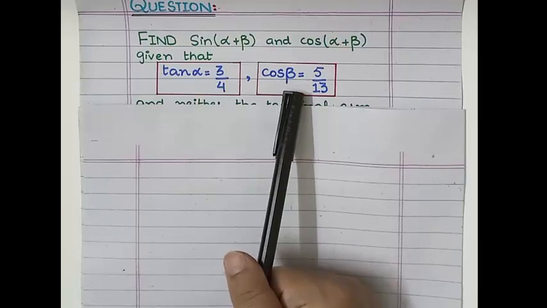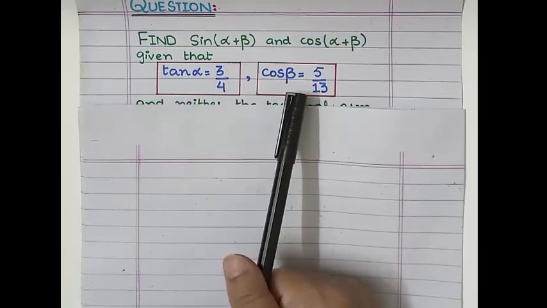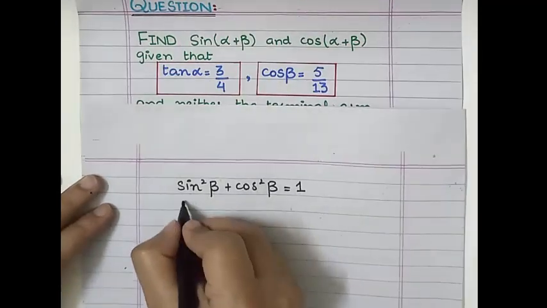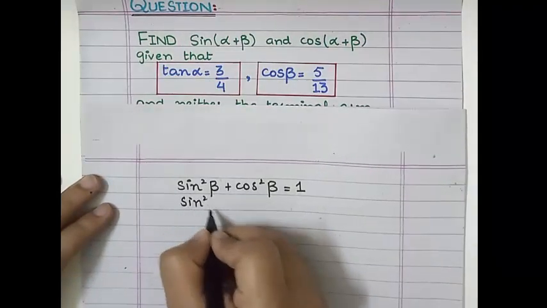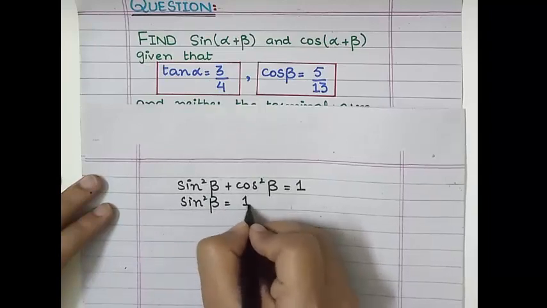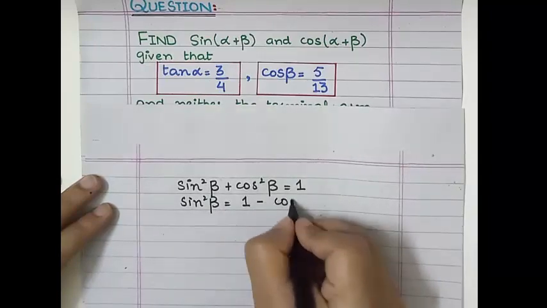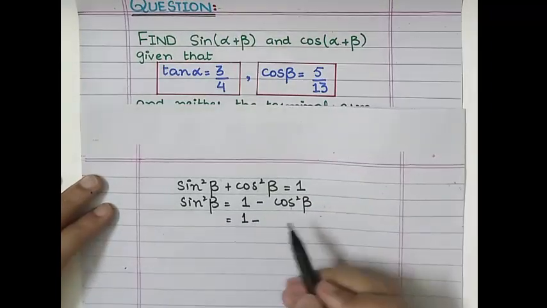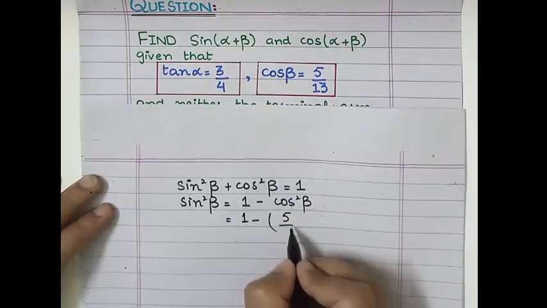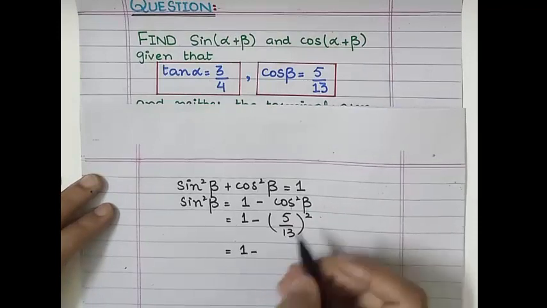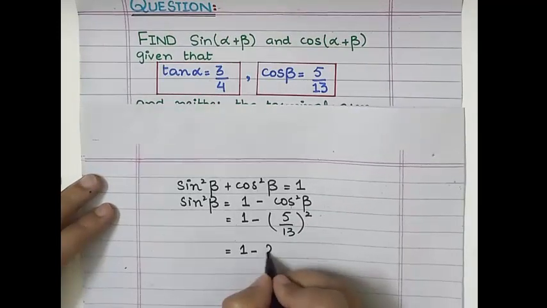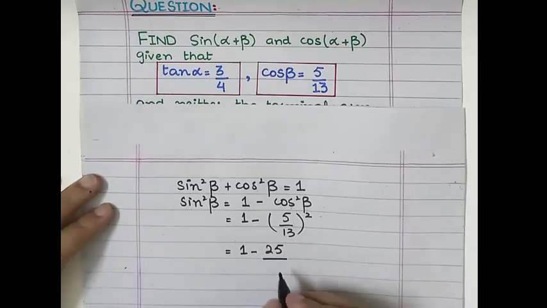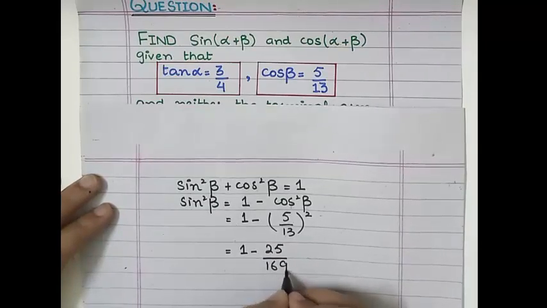For this purpose, we will use the fundamental identity of trigonometry. Also we can write sin square beta is equal to 1 minus cos square beta. So 1 minus, putting the value of cos beta, 1 minus the square of 5 is 25 and the square of 13 is 169.